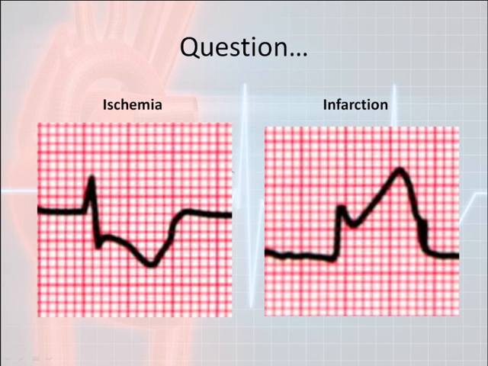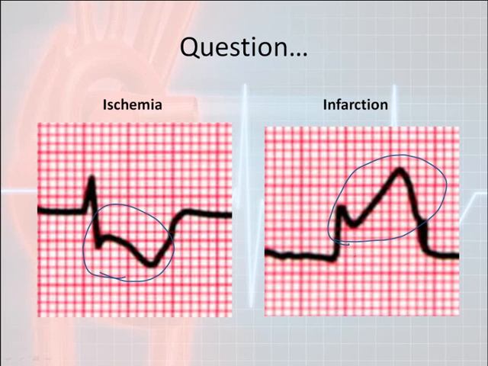First of all, I have a question. In many of the classes that I teach this information, the first thing I like to ask my students is, how many of you have heard in the past that ST segment depression is ischemia and ST segment elevation is infarction?